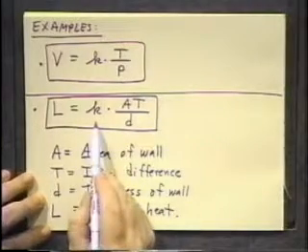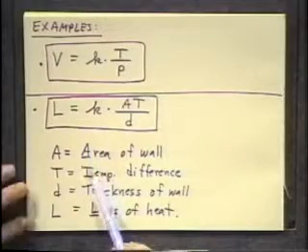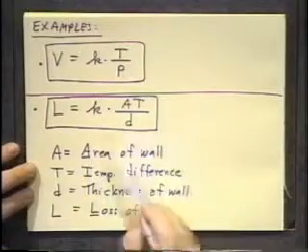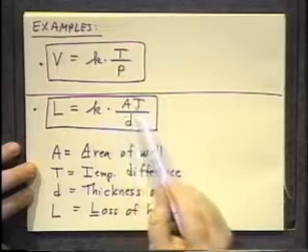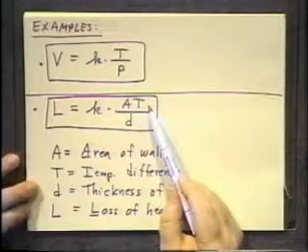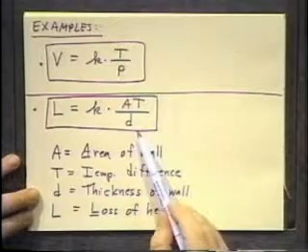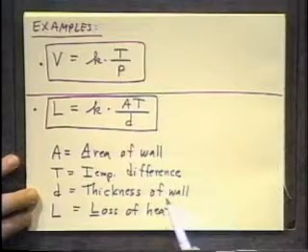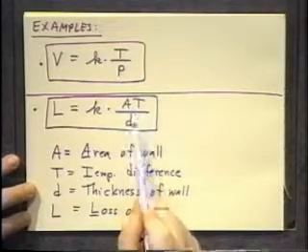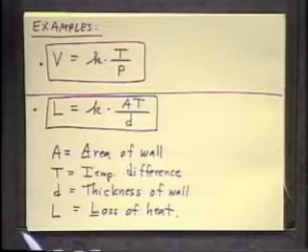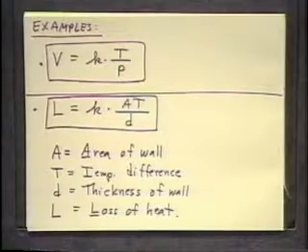And the constant of proportionality is determined by experiment. But here's a relationship that says the loss of heat is some multiple of the area of the wall times the temperature difference divided by the thickness of the wall. So this is an interesting example where we have 1, 2, 3, 4 quantities involved. And in physics you'll see several sorts of things like this.